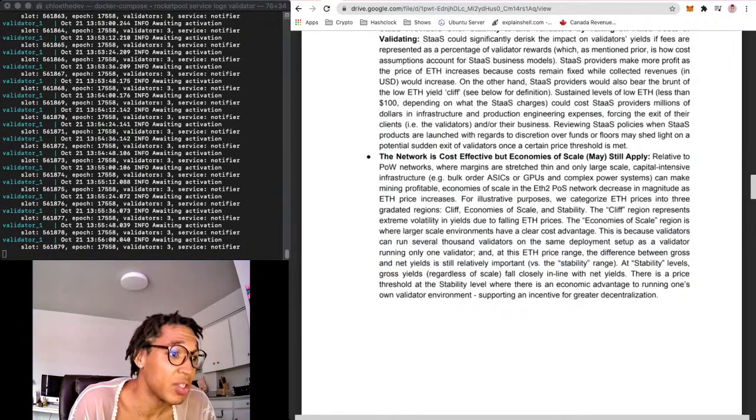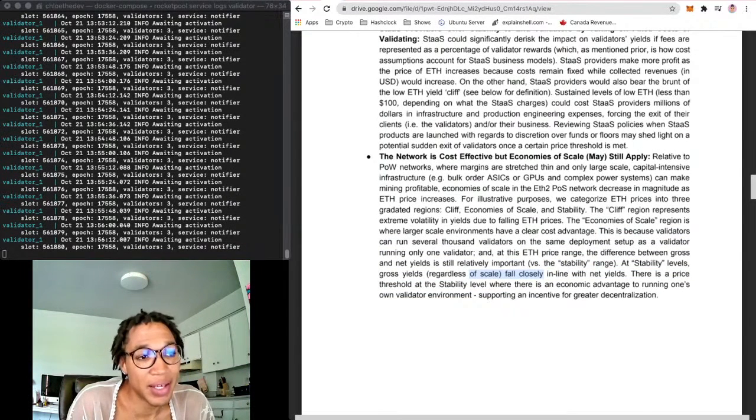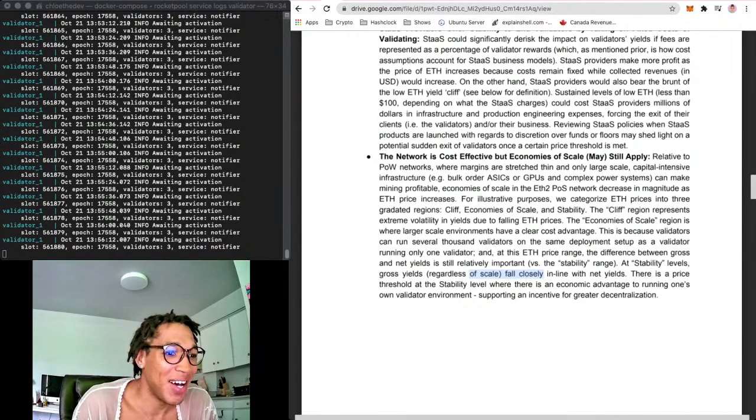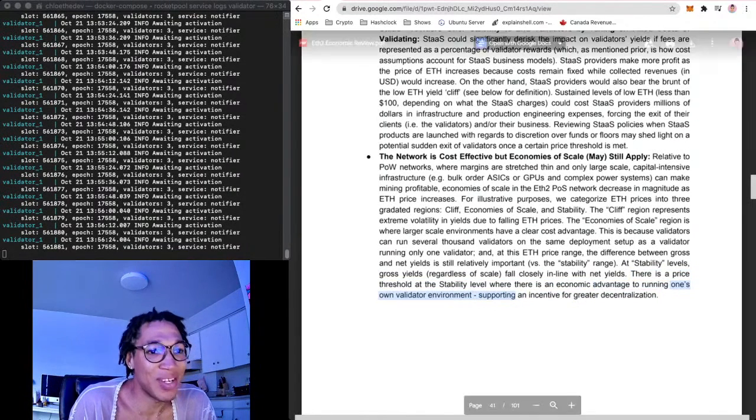At stability levels, gross yields, regardless of scale, fall closely in line with net yields, which is where we want to be. There is a price threshold at stability level where there is an economic advantage to running one's own validator environment, supporting an incentive for greater decentralization.